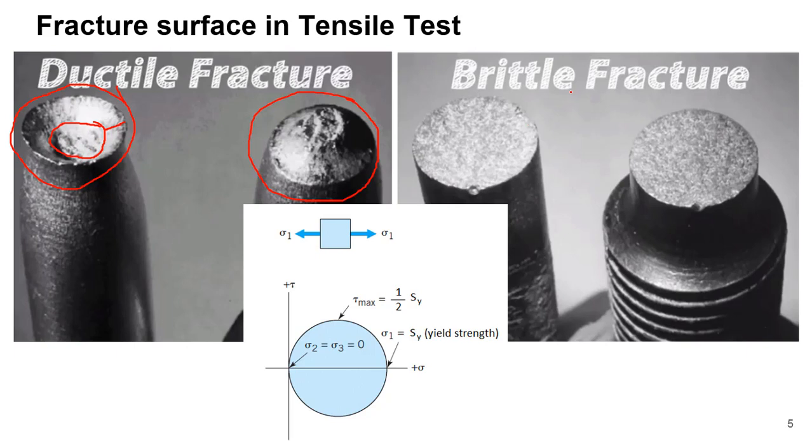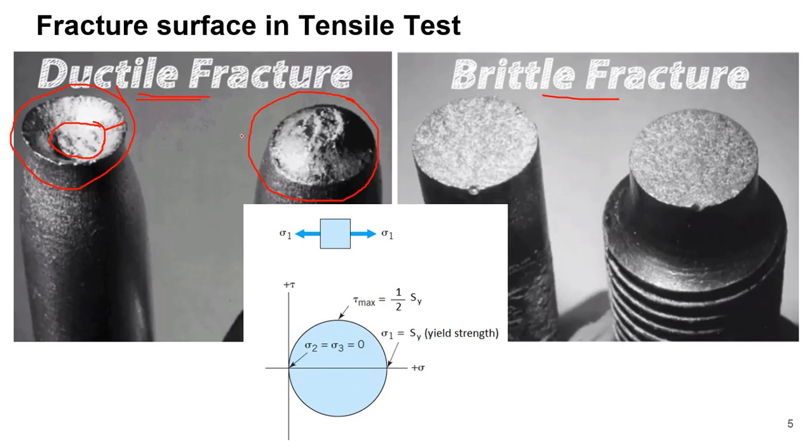On the other hand, in the case of brittle material the fracture is perpendicular, exactly along this cross section. These things can be explained: ductile materials are generally weak in shear, so their failure takes place because of shear.